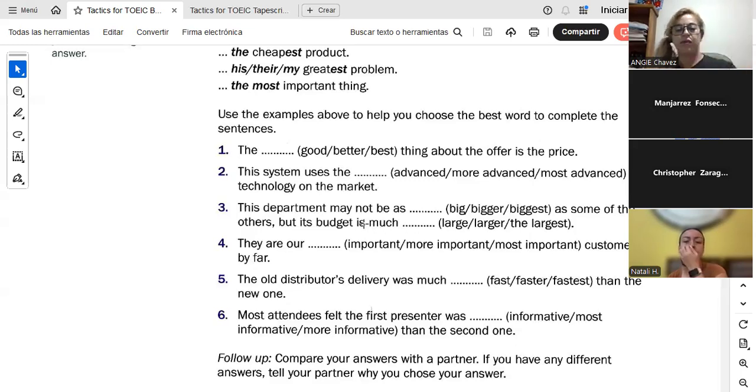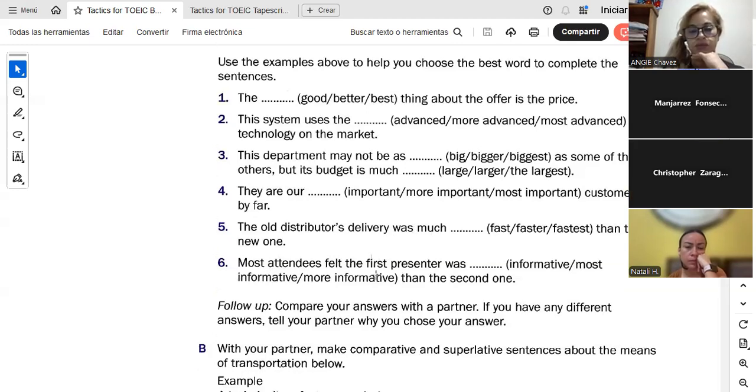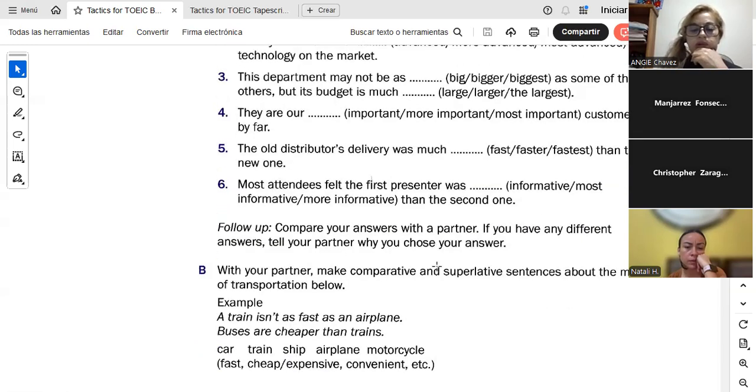Yes. Modifier of the comparative. Is much larger. And they are our most important customer. The old distributor's delivery was much faster than the new one. And most attendees felt the first presenter was more informative than the second one, of course.